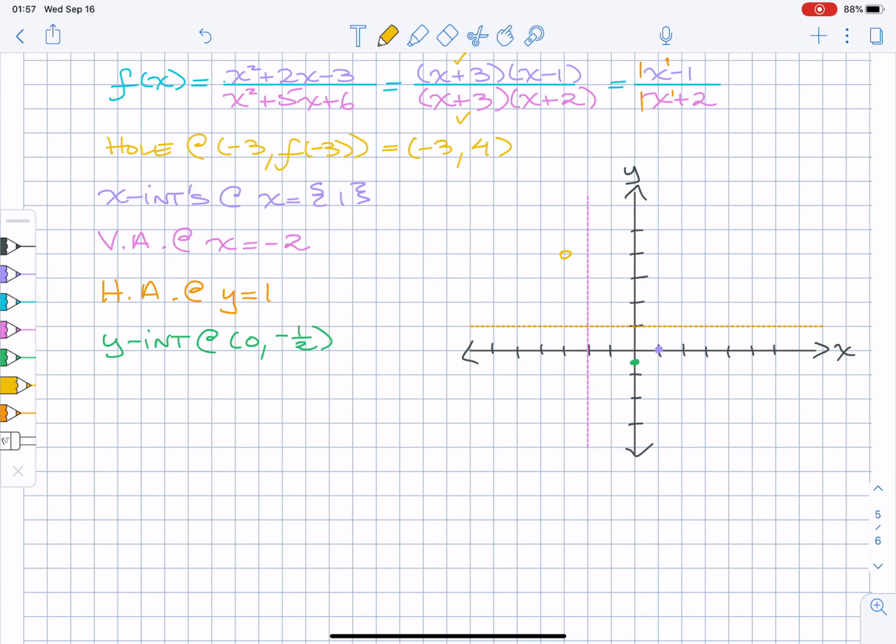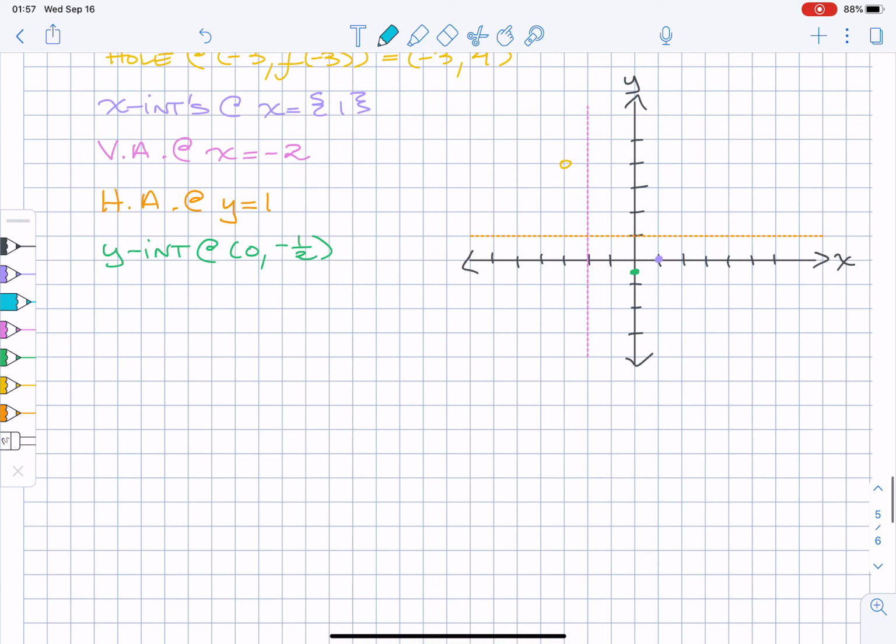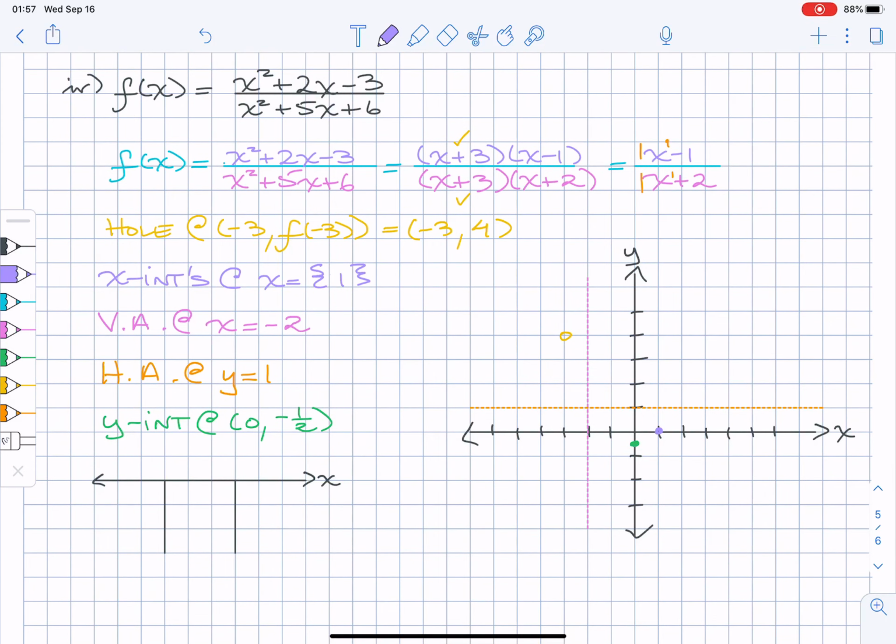Okay, so I can see what this is going to do, but let me do a sign chart just to prove that it's true. So sign chart, I only have 2 factors now. So those factors are x + 2 and x - 1.